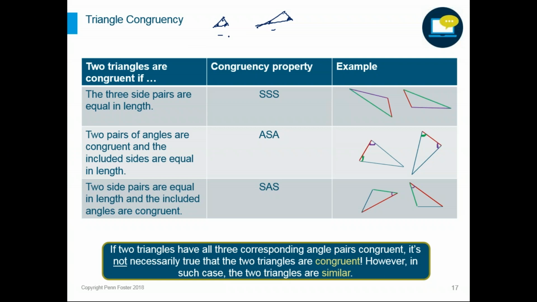They may be congruent, but it's not a definite result of congruency of corresponding angles. So be careful. If the three pairs of corresponding angles have the same measure, we call them similar triangles, not congruent. So that is a trick question. Make sure that you understand the difference between congruency and similarity.